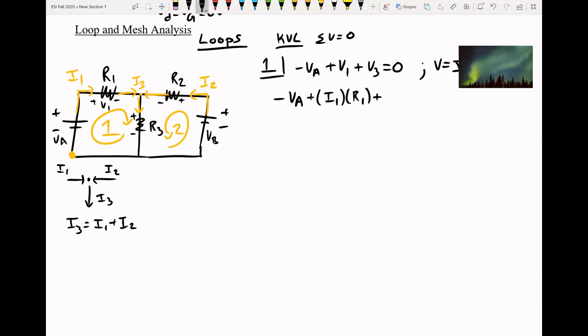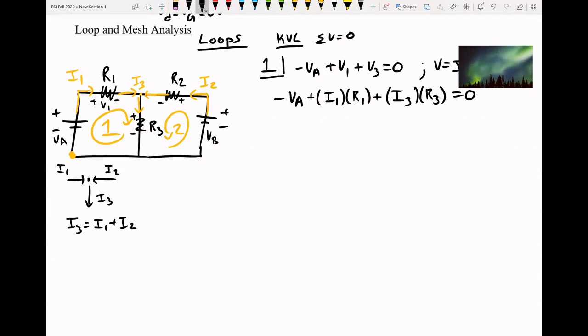And then for V of 3, I of 3 times R of 3, and that'll be equal to 0 because R3 has I3 running through it. Okay.